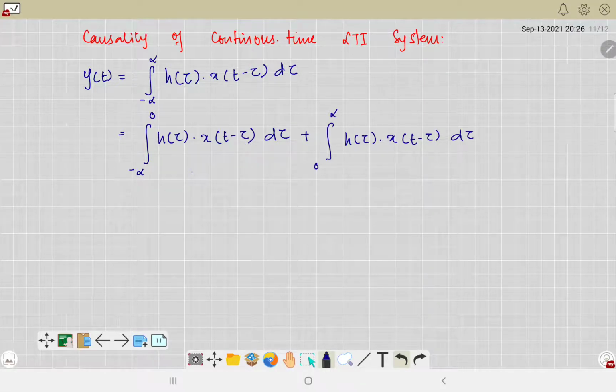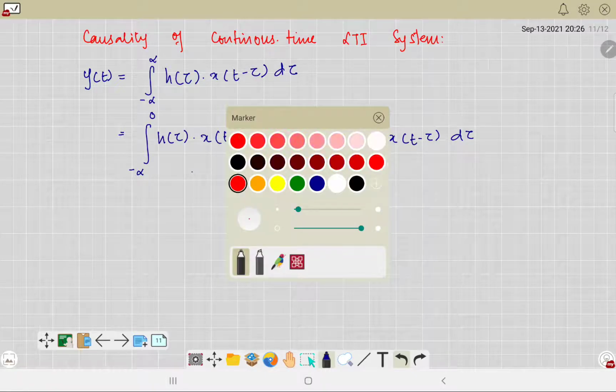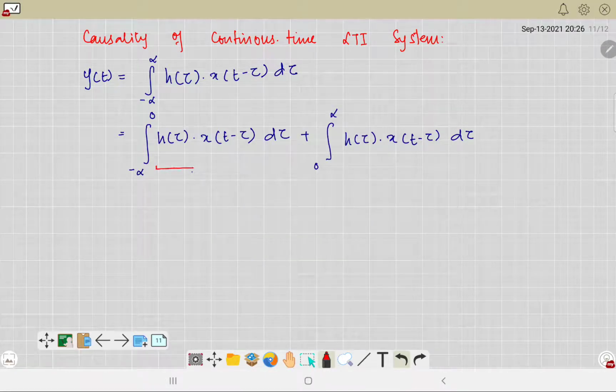Fine. Now, for a system to be causal, the output should only depend upon the present and the past samples. Now if you take the first integral here, the integral is with respect to tau, so the limits are for tau from minus infinity to 0.